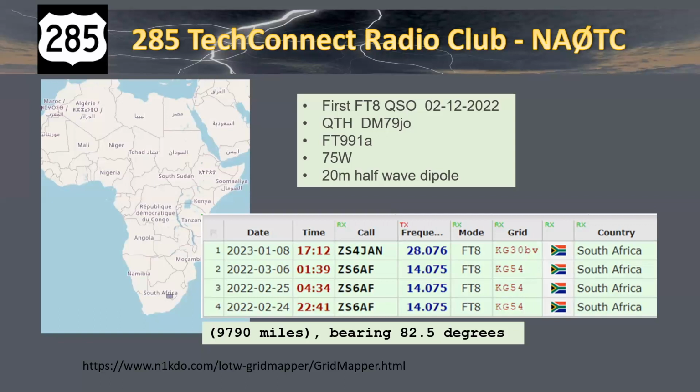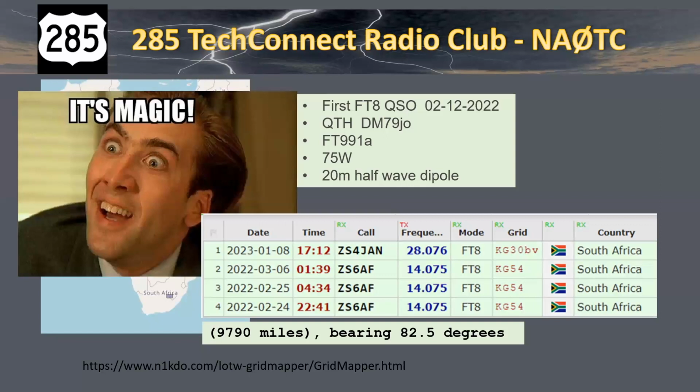I made a contact within about 10 days to South Africa. I was just amazed that with about 75 watts, all of a sudden I was making a contact all the way to South Africa, almost 10,000 miles away. To me, that was just magic.